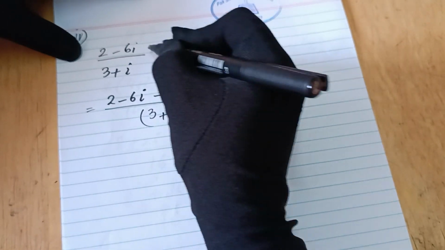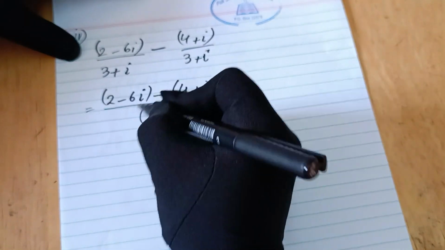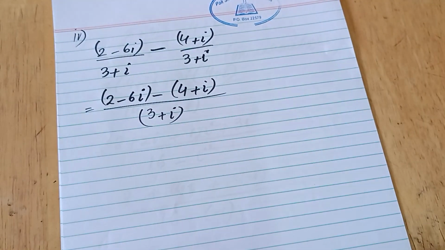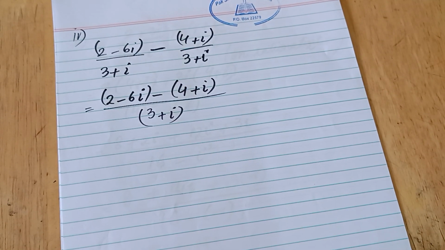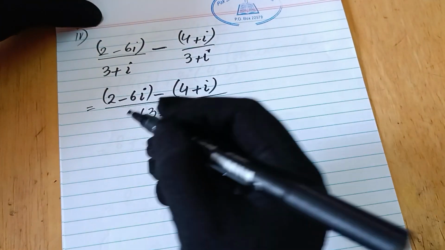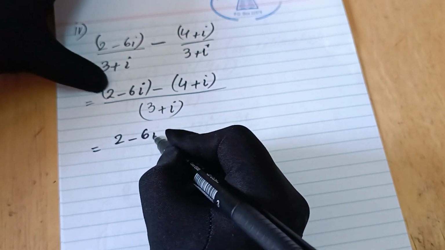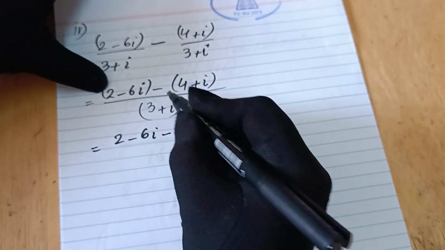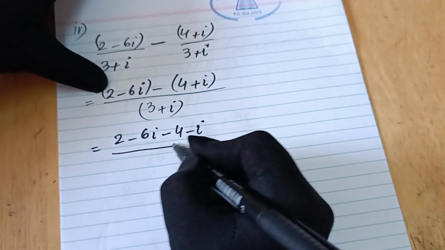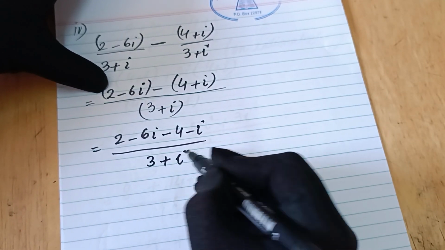Put the bracket to avoid any inconvenience, because minus is in the front, so it is changing the sign every time. So avoid any mistake, put the bracket. Now open the bracket. 2 minus 6 iota minus 4 minus plus minus iota over 3 plus iota.